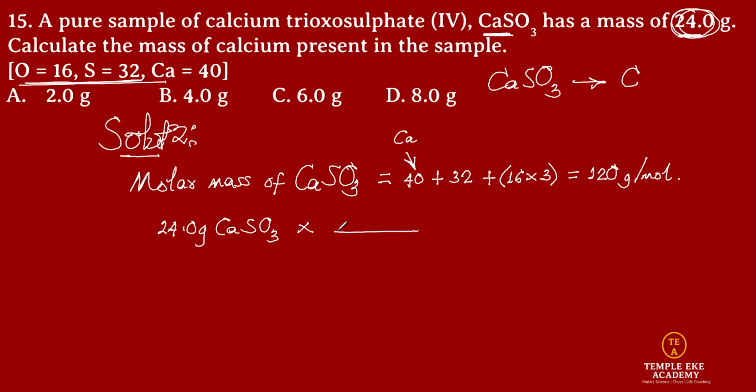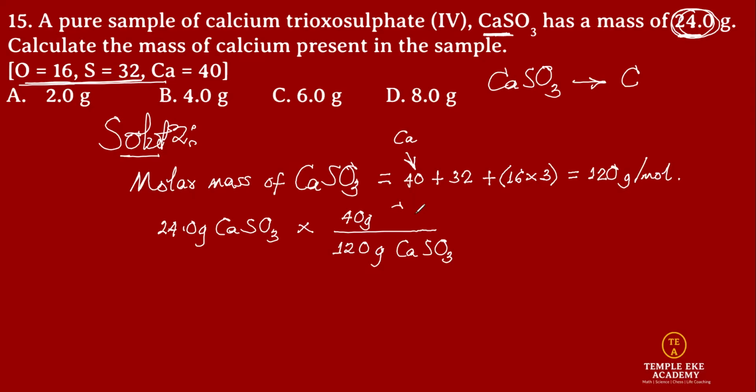Molar mass of CaSO3, we can draw that. 120 grams of CaSO3 from the molar mass we calculated contains 40 grams of calcium right there. So we can maintain 40 grams of calcium.